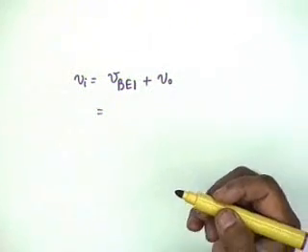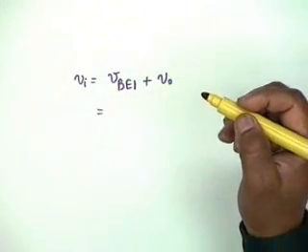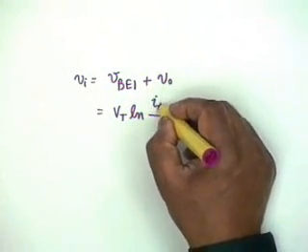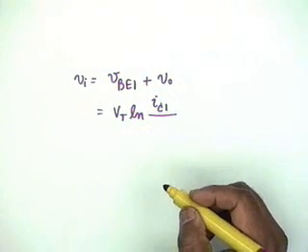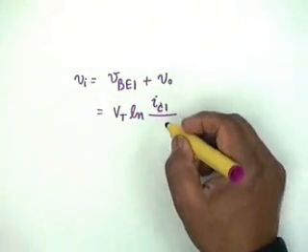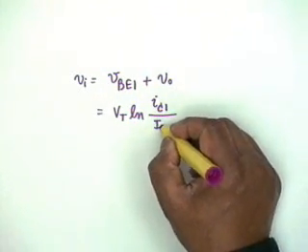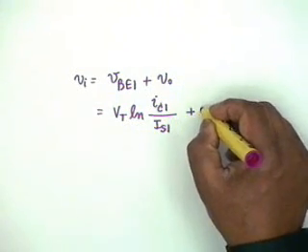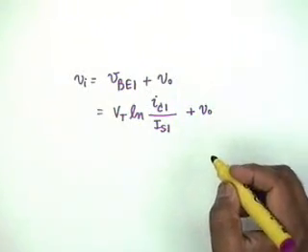If you recall the current versus base emitter voltage characteristic, VBE1 can be written in terms of i sub C1, and the relationship is that this is Vt log of the current iC1. Please be careful about the notation. This is the total current divided by IS1, plus V0.